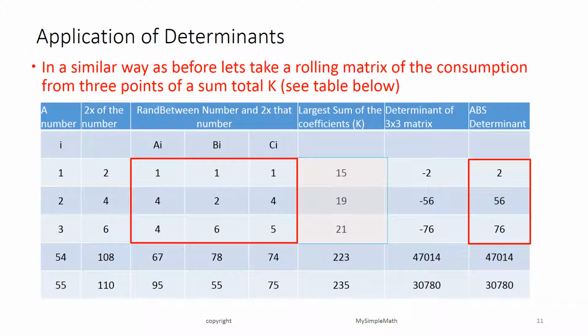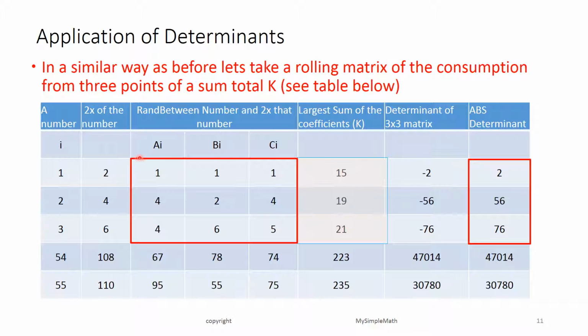Let me explain the simulation that I did for the 3x3 matrix. So I took the rolling matrix of the consumption, and we have 3 homes now, A1, B1, C1, and the sum total is K. So here's what I did. I took the largest sum of the coefficients of the 3x3 matrix.